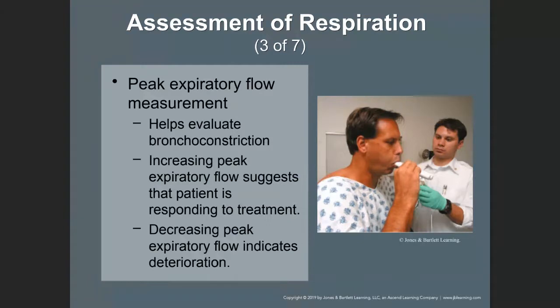Peak expiratory flow measurement helps to evaluate bronchoconstriction, not something that is used much in the States. You will see it being used in the UK. Increasing peak expiratory flow suggests a patient is responding to treatment. Decreasing peak expiratory flow indicates deterioration. So you can do some research on that.